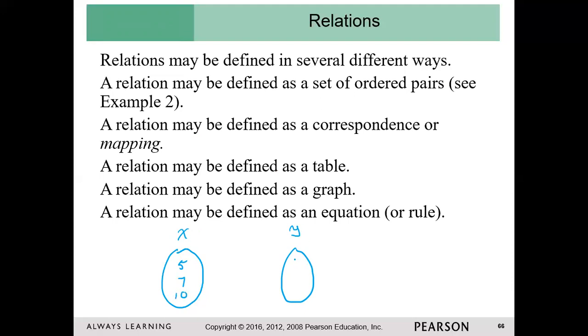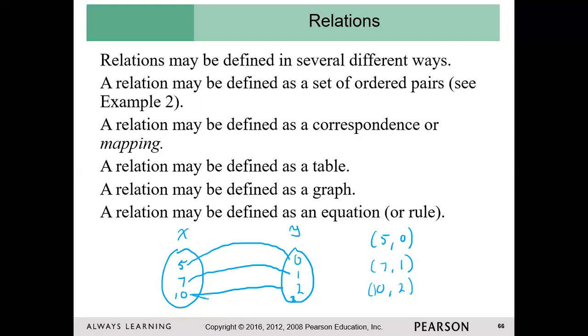And let's say we had 0, 1, 2, and 3, something like that. A mapping would be if you went from 5 to 0, that is the point 5, 0. Then you went 7, 1. That's the point 7, 1. And then if you went 10, 2, you would have 10, 2.